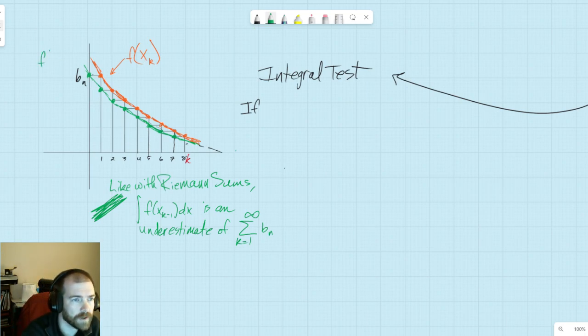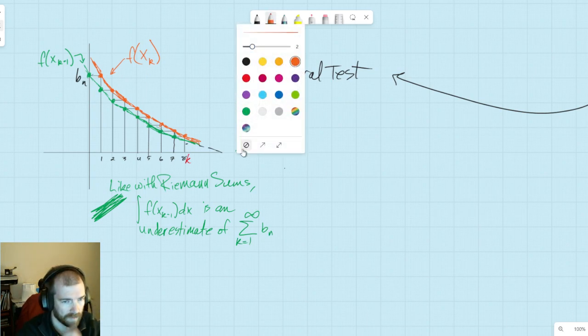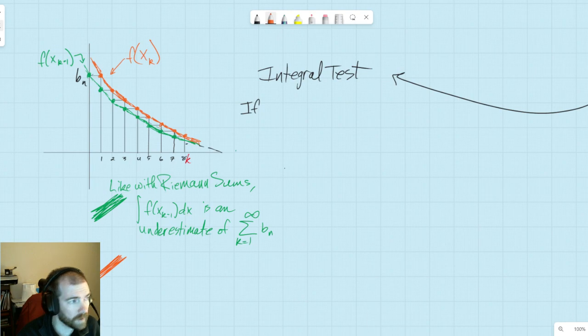Right, and this is again f of x sub k minus 1. And in orange, the integral of f of x sub k dx is an overestimate of the sum as k goes from 1 to infinity of b sub n.